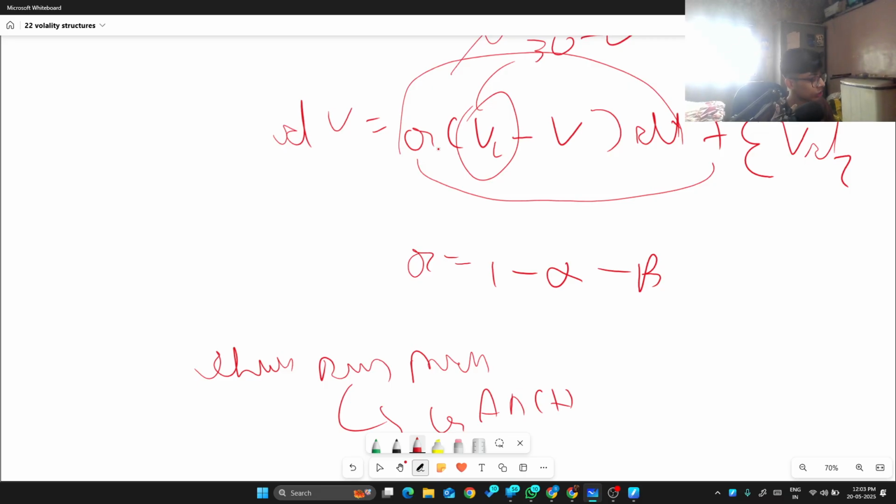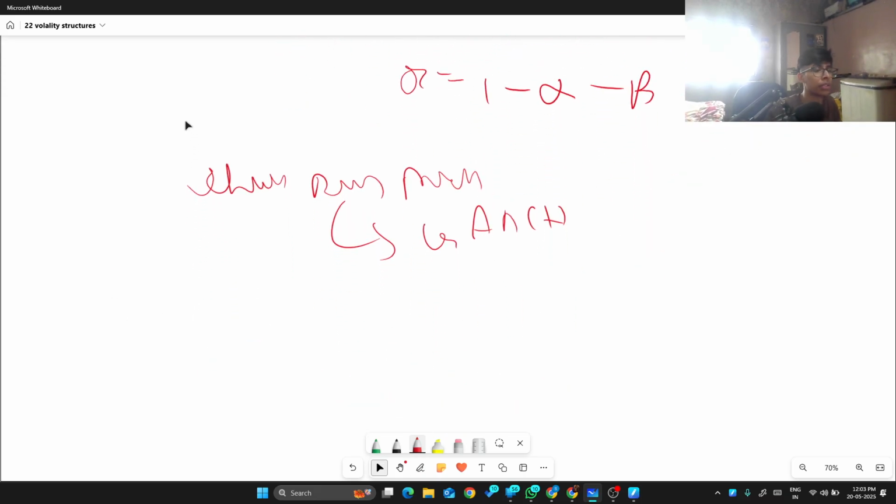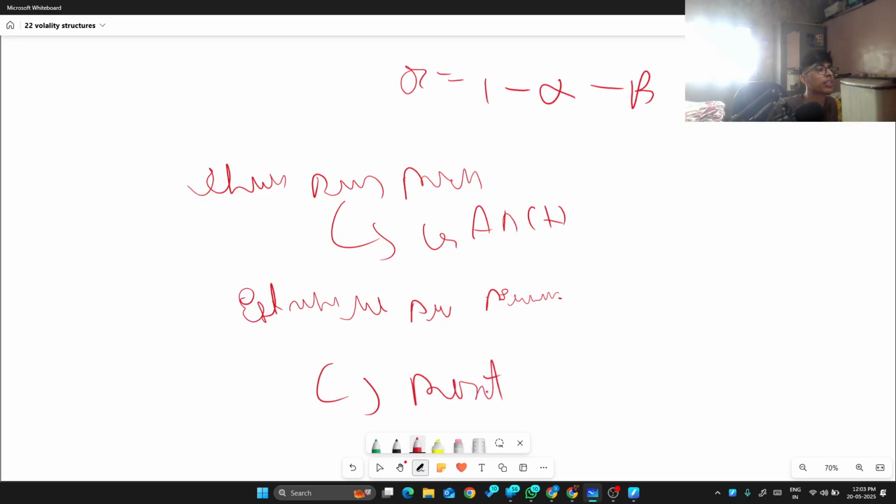So we use the generalized GARCH model, and how to estimate the parameters: a statistical method, maximum likelihood. So it's simple.